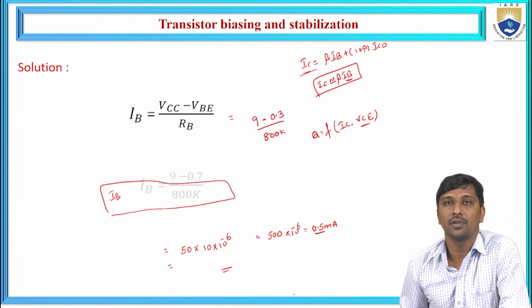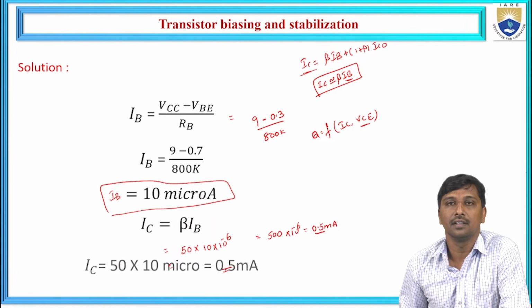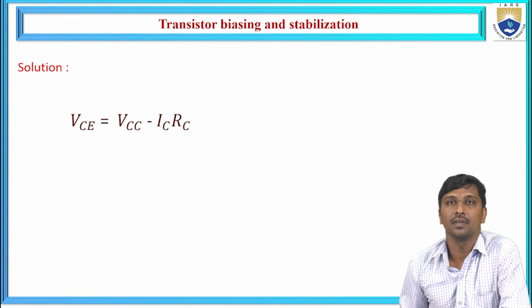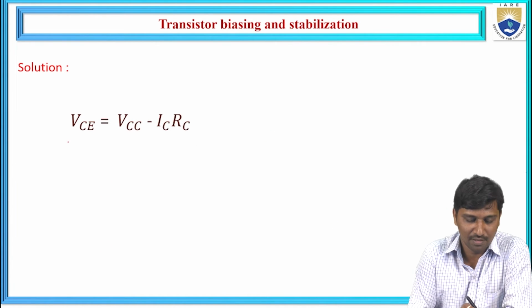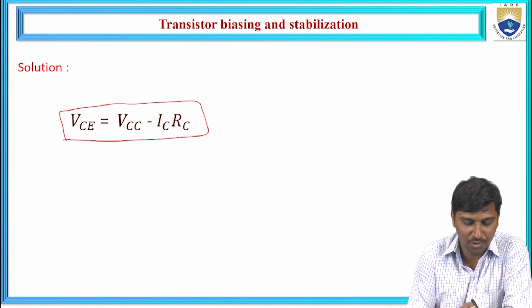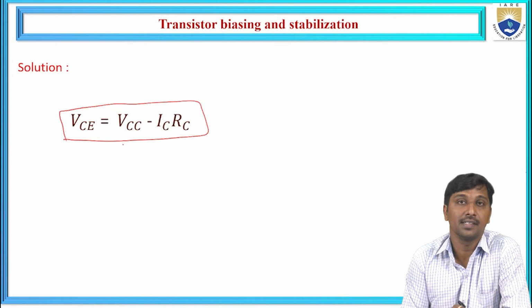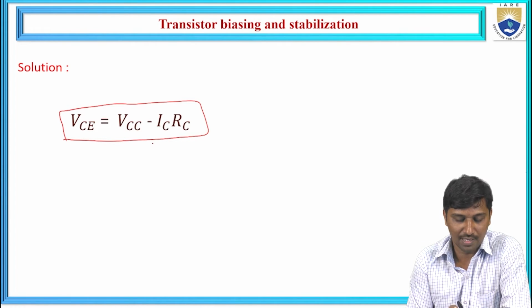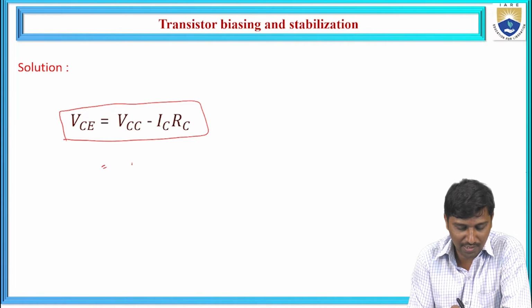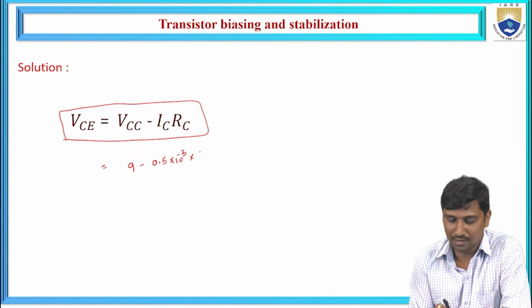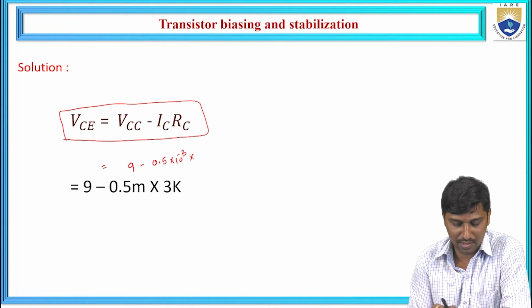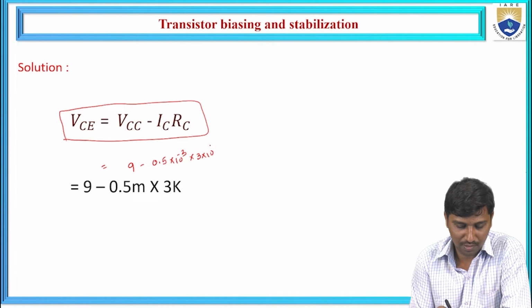Now we calculate the VCE parameter. Based on the KVL analysis at the output side, VCE is VCC minus IC times RC. Actual VCC is 9, IC we just got as 0.5 milliamperes, and RC is 3 into 10 to the power 3.